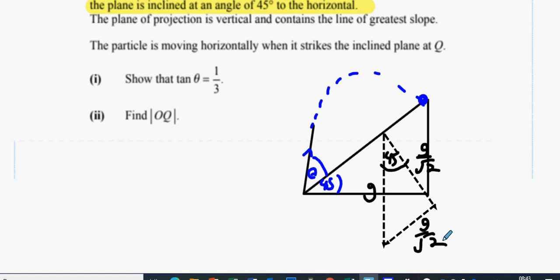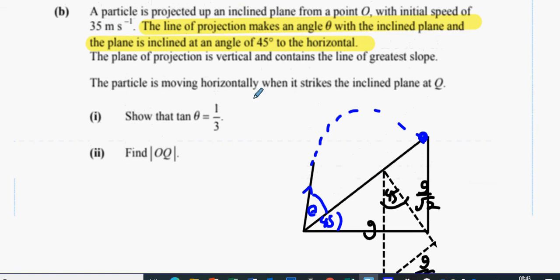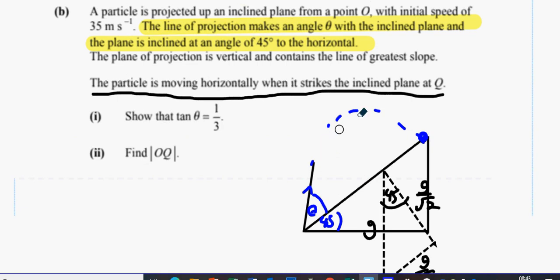Now, next thing. Is there any other hints? There we go. The particle is moving horizontally when it strikes the plane. So I'm just going to adjust the look of this question. Down here, it's theta.